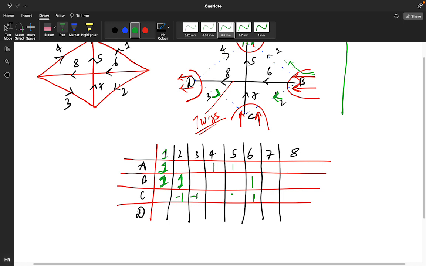And what about D? 8 will be positive, and 3 and 4 will be negative. So in C, the seventh came.